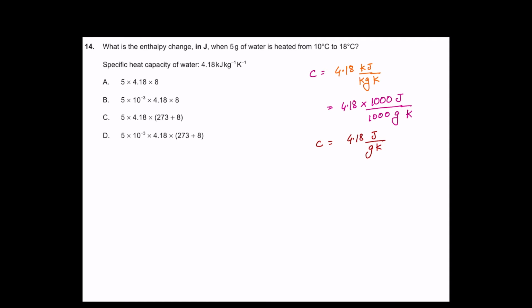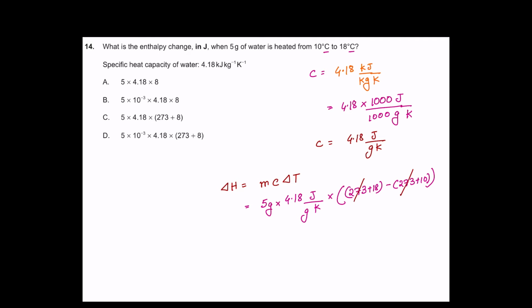This is C. Now enthalpy change would be mass times specific heat times temperature difference. So mass is 5 grams, C would be 4.18 joule per gram Kelvin. And for delta T, this is in degree Celsius, so I need to convert it to Kelvin to get the units out. So (273 + 18) minus (273 + 10).